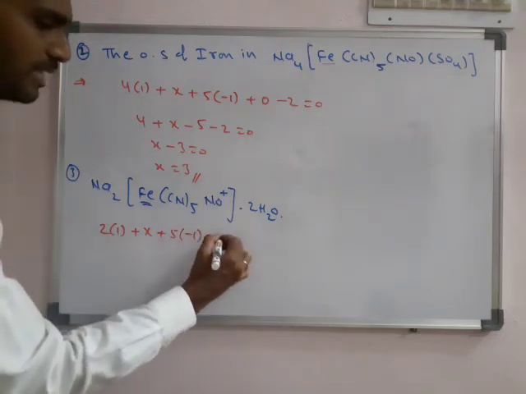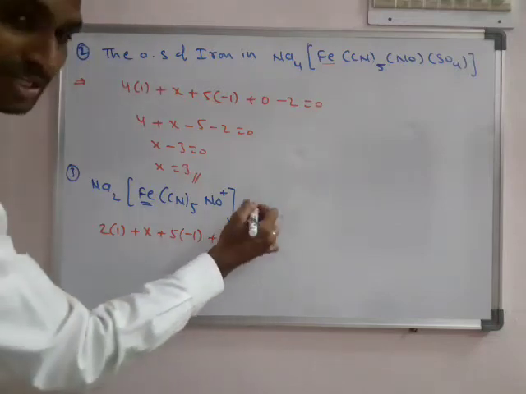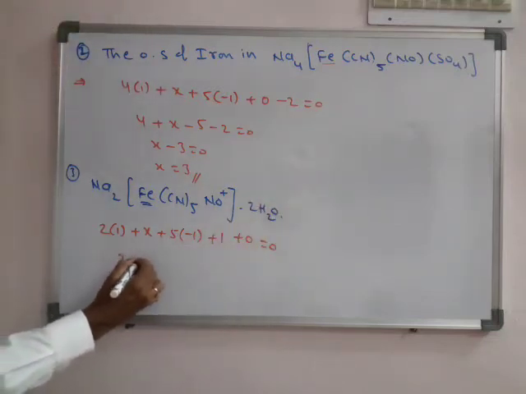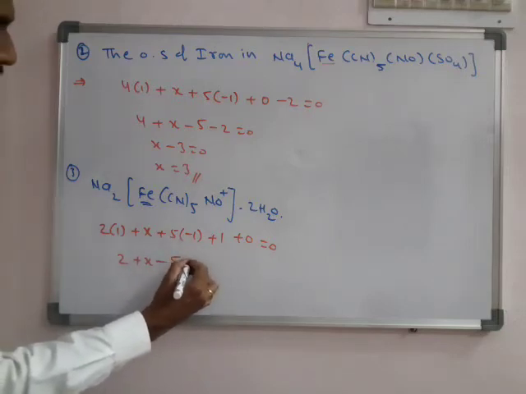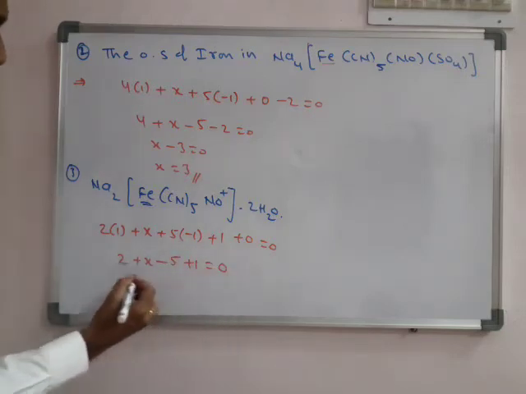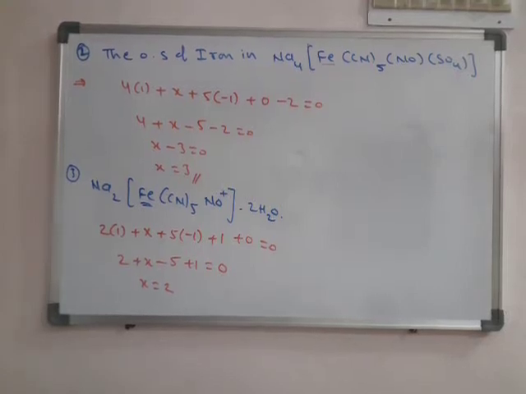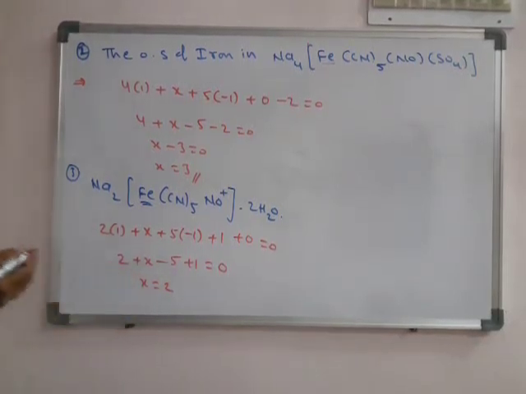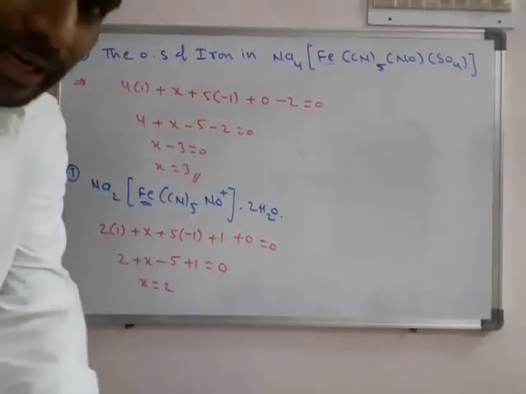Plus NO is given +1, so +1. Hydrogen, H2 is totally 0. 2 plus x minus 5. So here -5, finally x equals 2, which means the iron condition is ferrous. Here the iron condition is ferric.